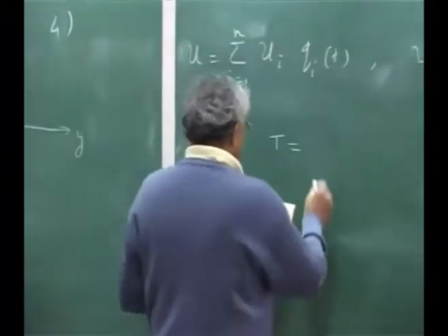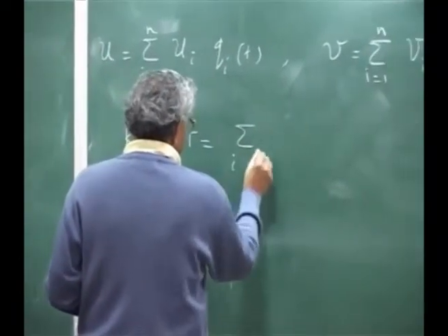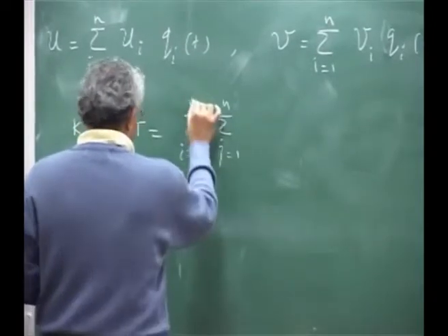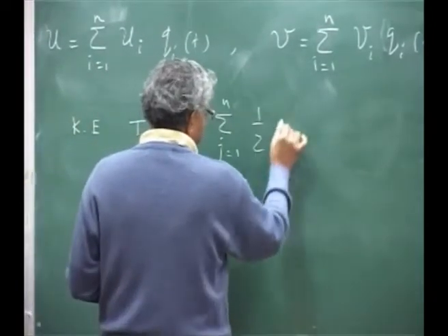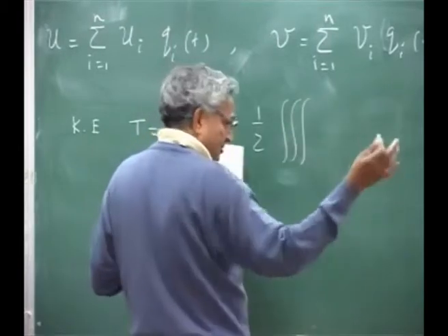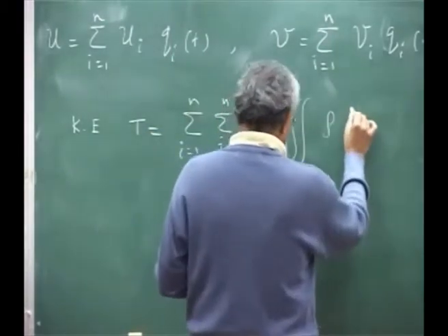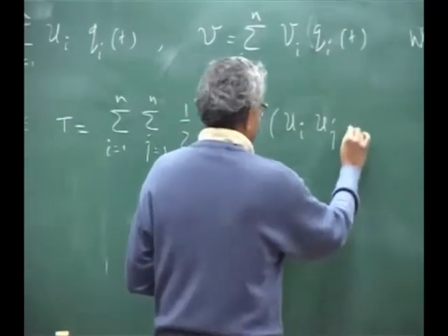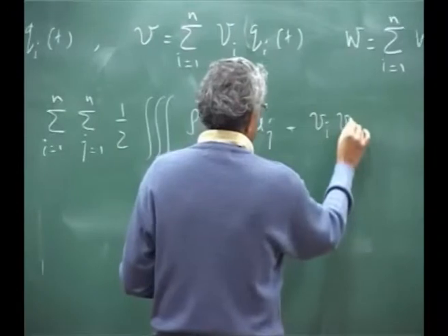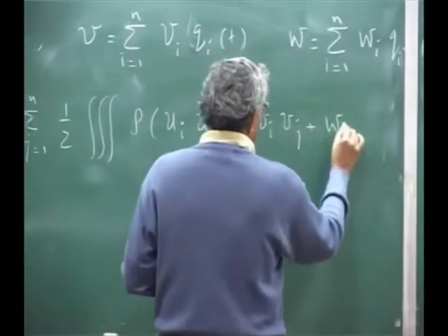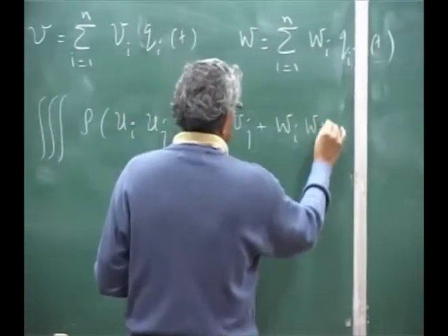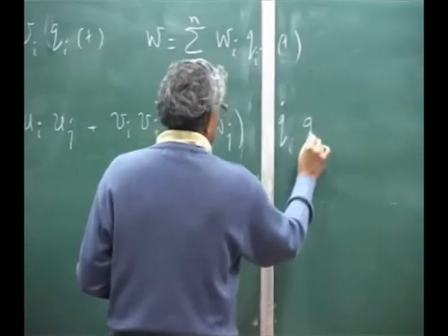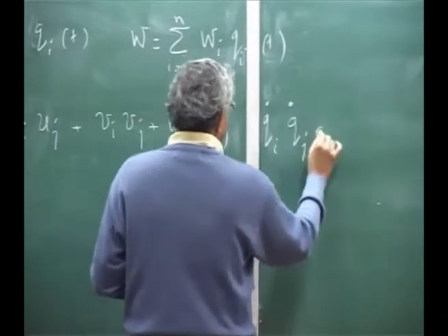Now this is summation i, summation j, both 1 to n. You will have a volume integral, because I am using the whole structure, density into ui uj plus vi vj plus wi wj into qi dot qj dot dV.